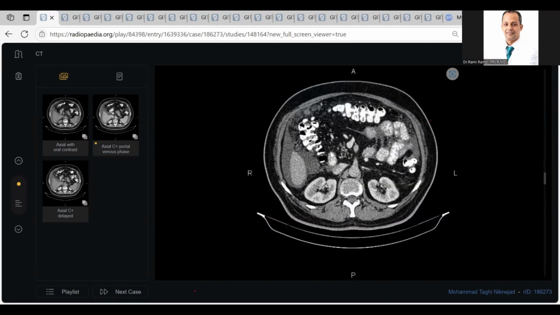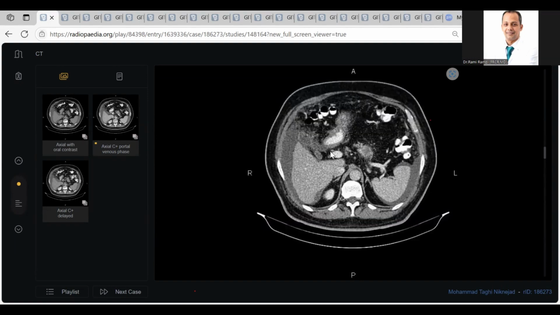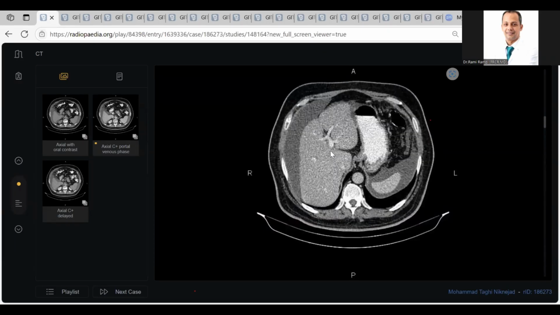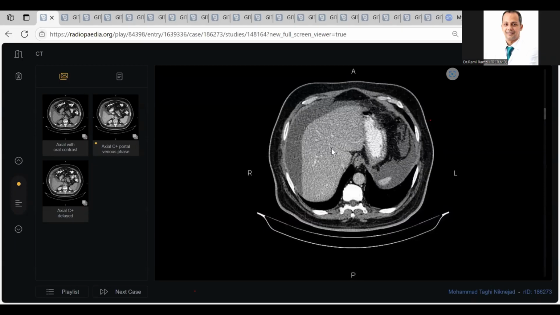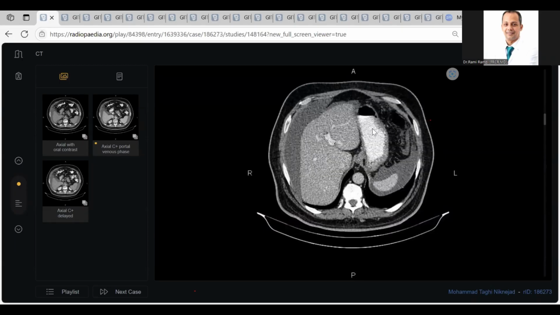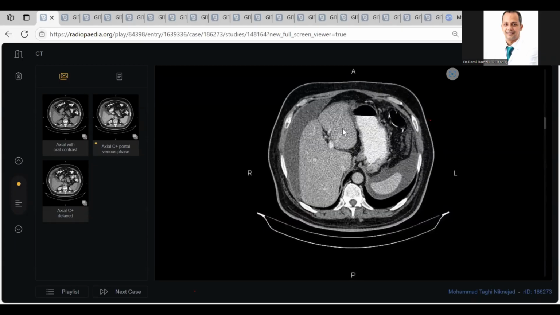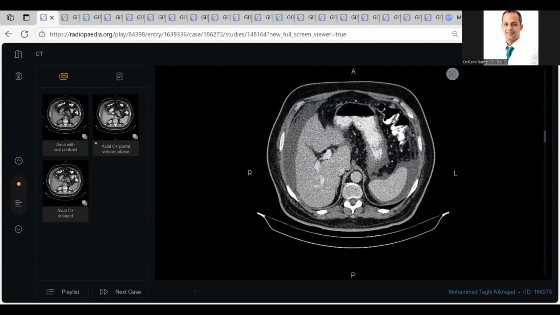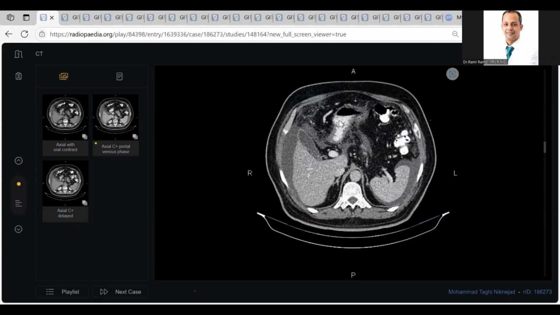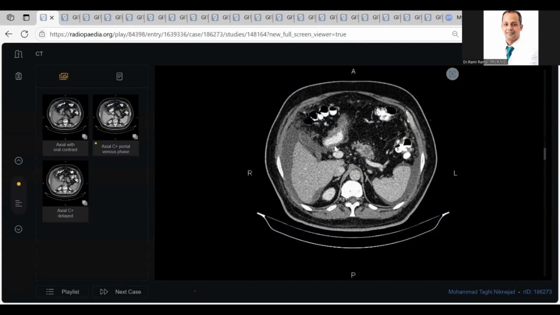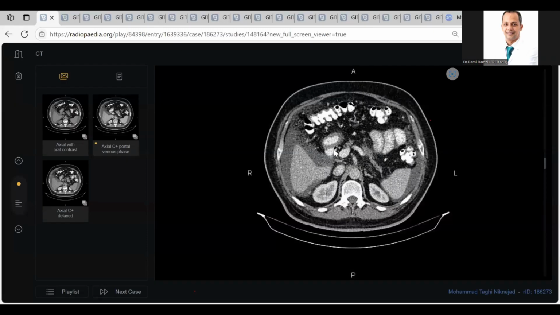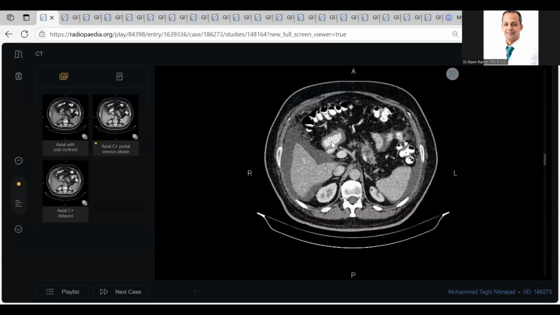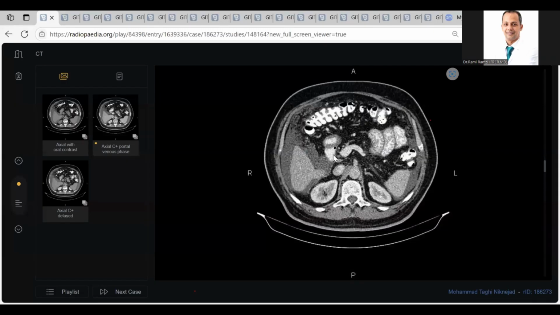At this point, I have a suspicion of discontinuity. The images are jumping. Sir, I have a suspicion of some discontinuity in the posterior wall of the stomach, from which there is leakage of the oral contrast.